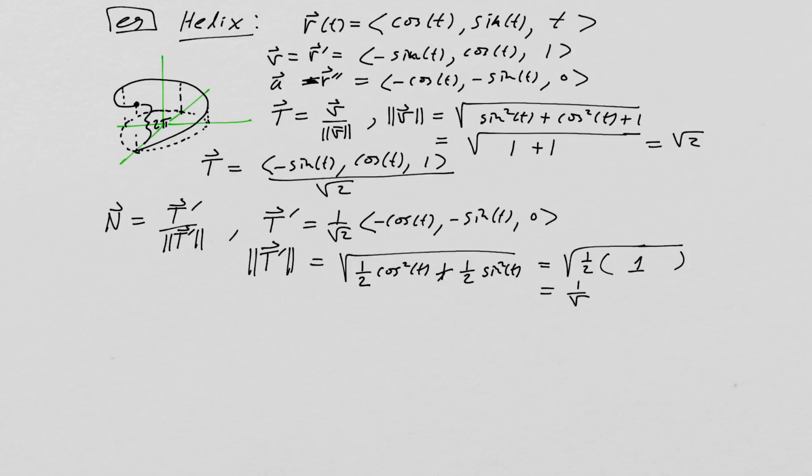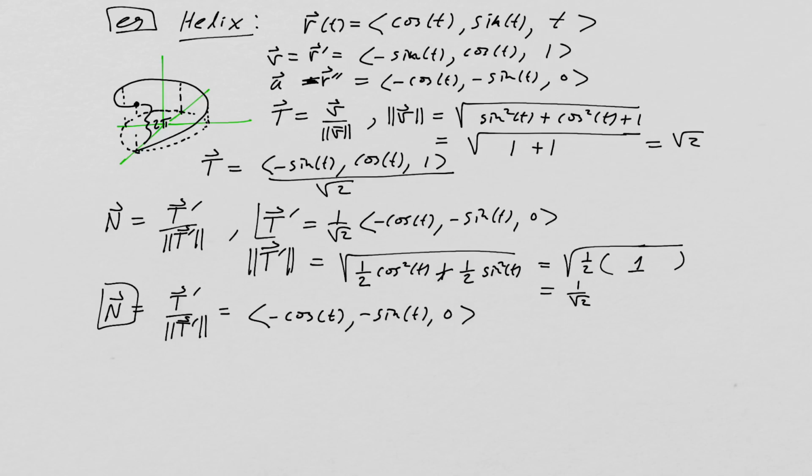So we get 1 over square root of 2. All right, so that means the normal will be t prime over t prime in magnitude. So essentially the square root of 2's cancel, and we're left with this. Okay, so that's the normal component, and that's the tangential component.